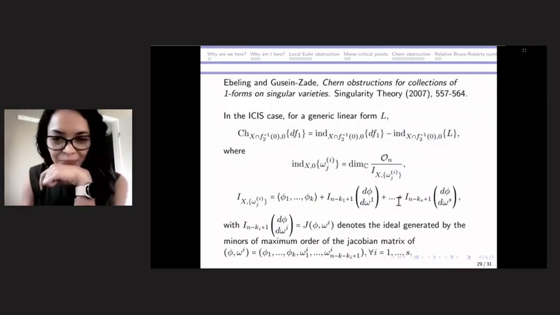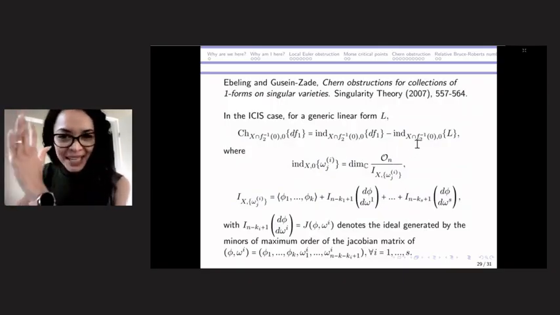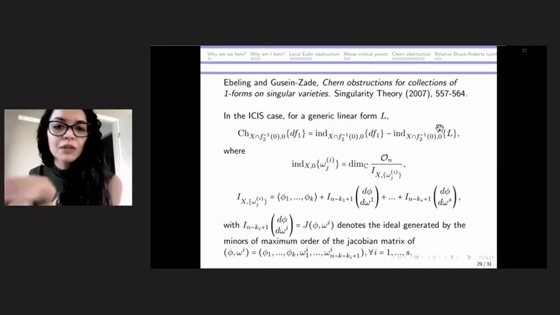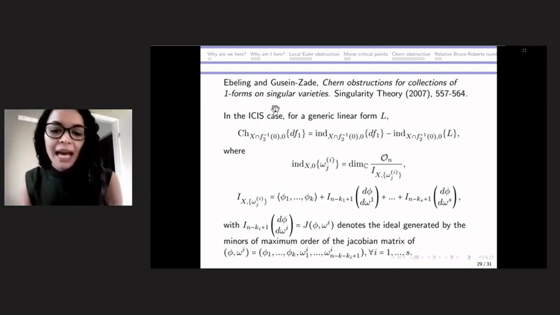Just to show you a nice parallel, in the same paper where Ebeling and Gusein-Zade studied the Chern obstruction, they look at the ICIS case, the isolated complete intersection singularity, and they prove that the Chern obstruction is this difference of indices. Because in the context of differential forms, there are other indices that are defined, right? The radial index. Ebeling and Gusein-Zade gave three definitions for the Poincaré-Hopf index, right?